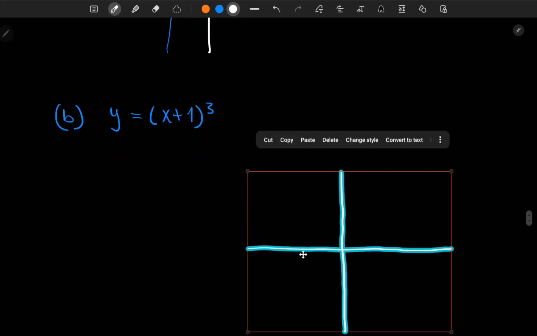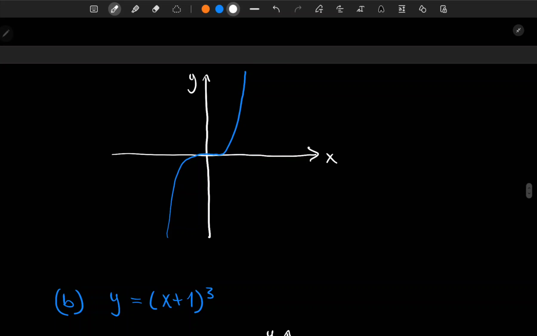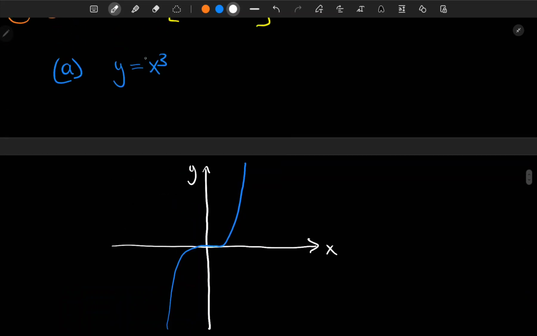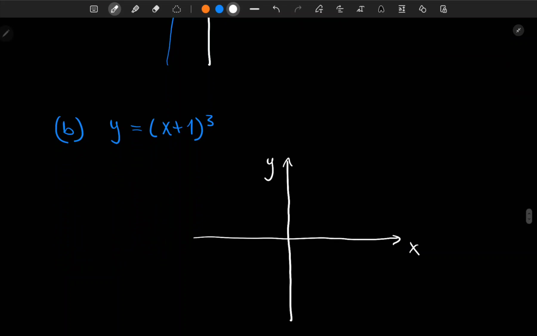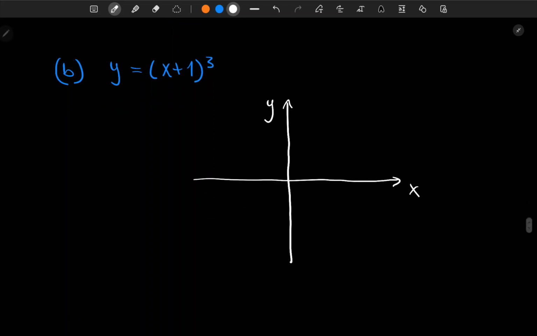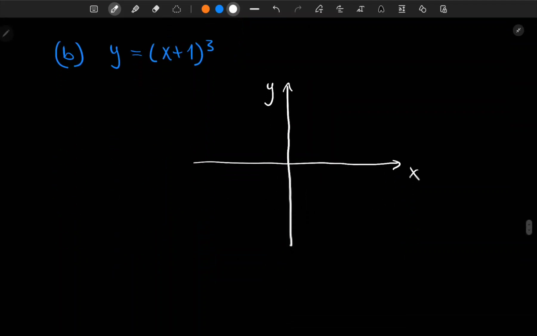And the way to see this is to see that there's a unique value for which y is equal to 0. Here, it's when x is equal to 0. Now, y is equal to 0 occurs when x is equal to -1. So the part up here where x was 0 has to shift to x is equal to -1, or it has to shift to the left.